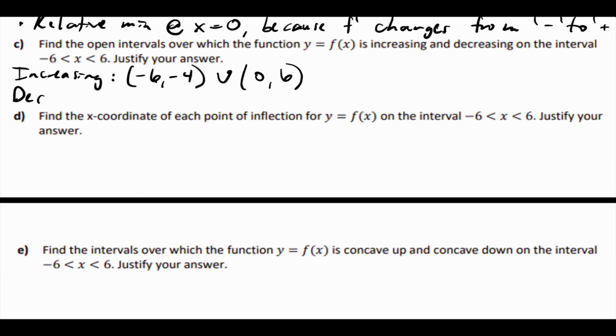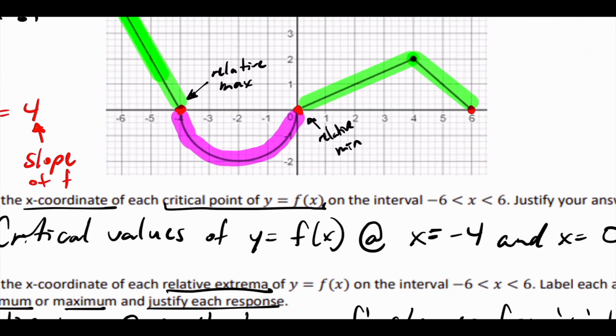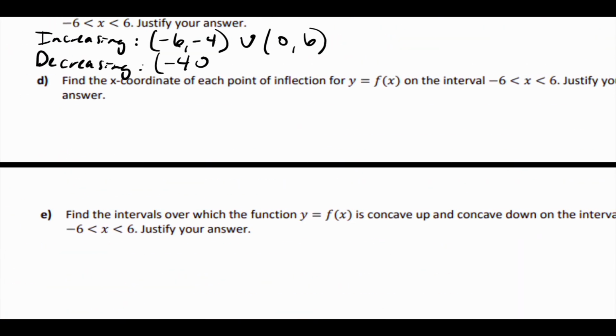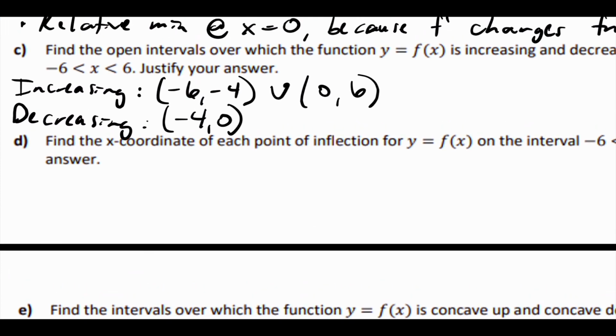Okay, so now decreasing. All right, let's go back up. Decreasing is underneath the x-axis, so that's -4 to 0. Okay, so we have those answers. Now we have to give justification. Justify your answer. Use the definition.